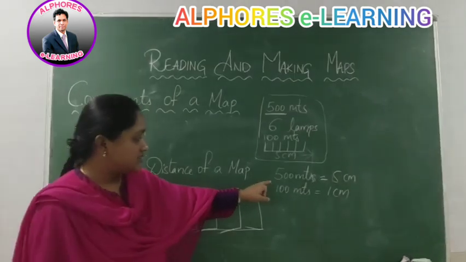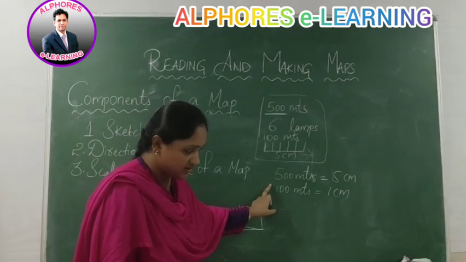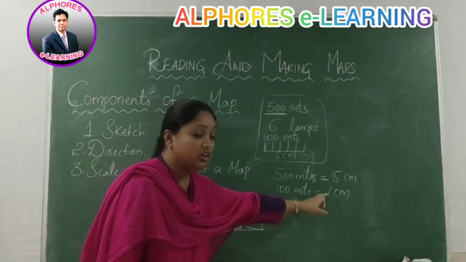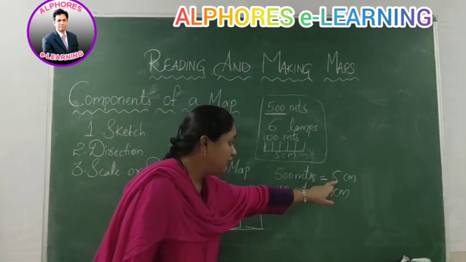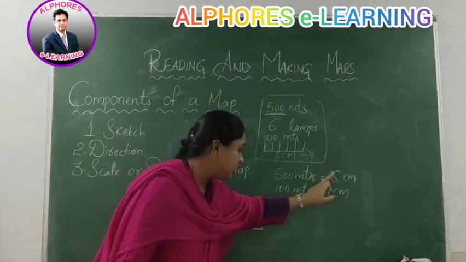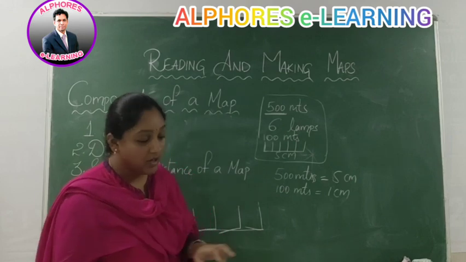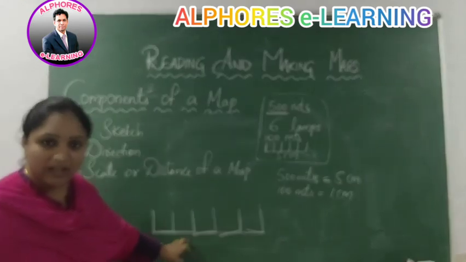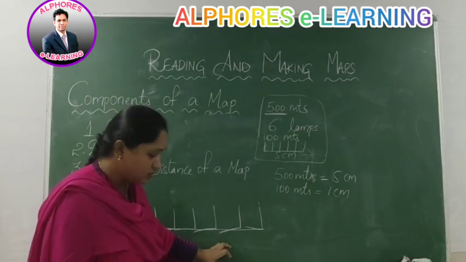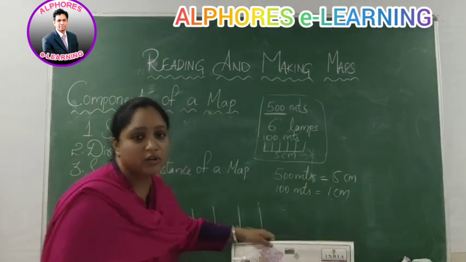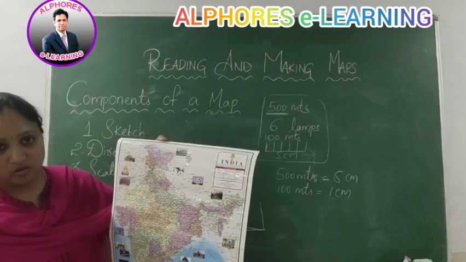So the actual distance on the ground is 500 meters, and between lamps it is 100 meters. On a map, 500 meters equals 5 centimeters and 100 meters equals 1 centimeter. So with this, he can draw a map very easily, or not? Yes or no? In the same way, all maps follow the same technique.